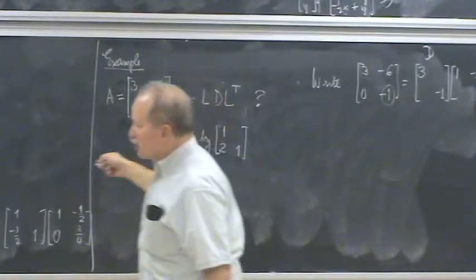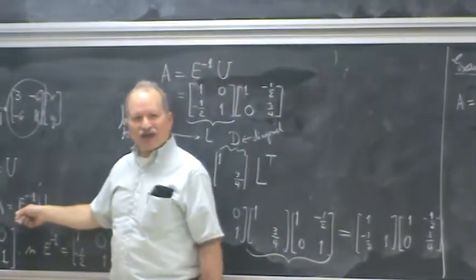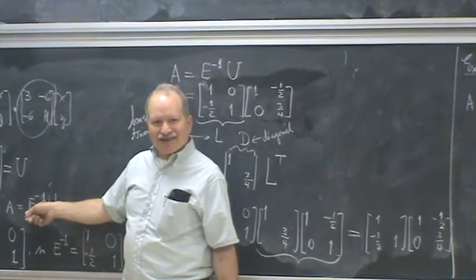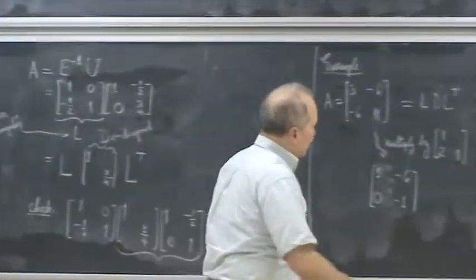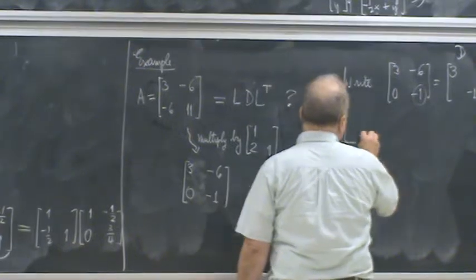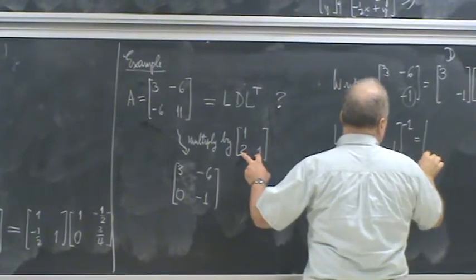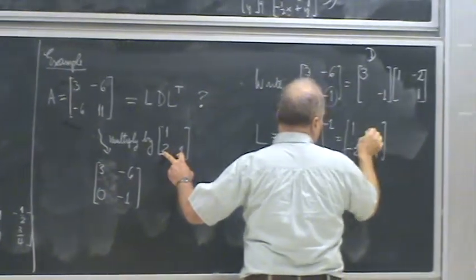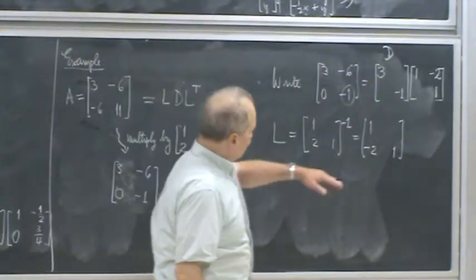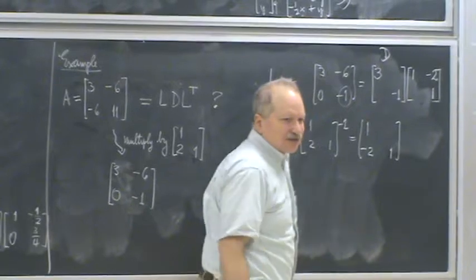Remember we had to do the inverse of the elementary matrix? So, in other words, my L should have been the inverse of this, which again switches the sign on the 2. And now, lo and behold, this is L transpose.